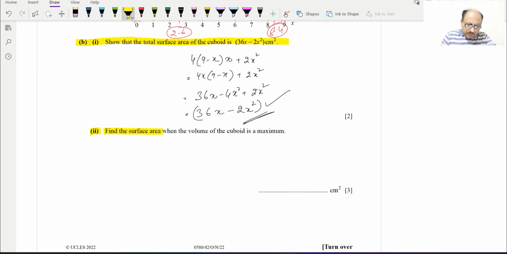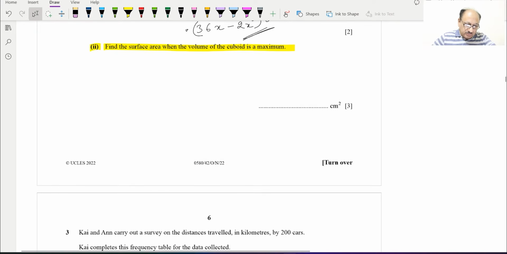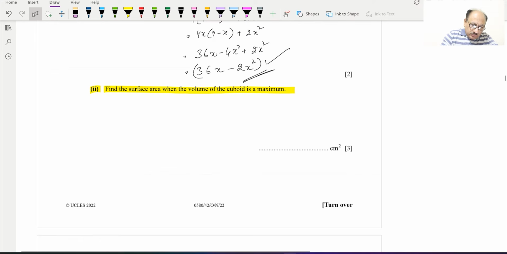Second part, find the surface area when the volume of the cuboid is a maximum. We'll check the x value. Maximum is for which point? The maximum is for 6, like this one. We can check the reference, which is for the value 6. So x is equal to 6. We can replace in this expression.